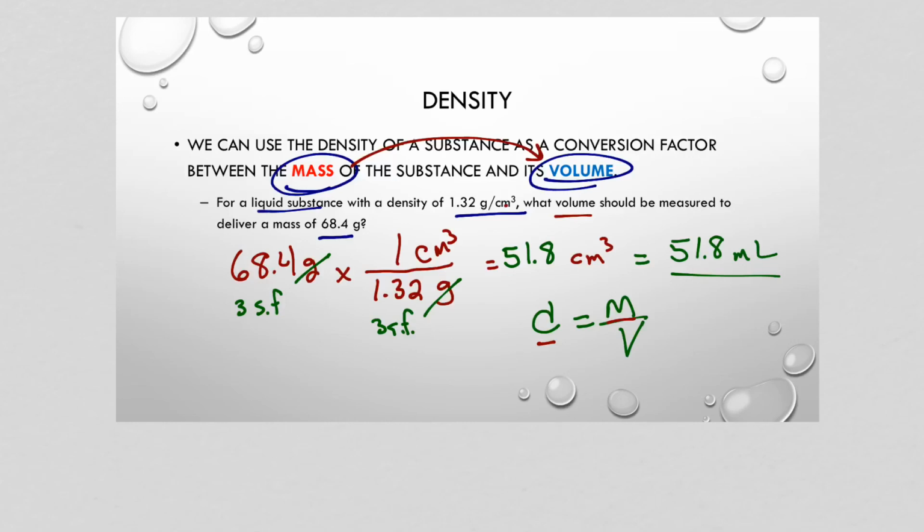But the key is, if you let the units guide you, then you won't run into any problems, right? So I know that I have to divide here because that's the only way that I can get my grams to cancel. And so use dimensional analysis, use the units to guide you, and you shouldn't run into any problems when you're trying to do these different types of problems.